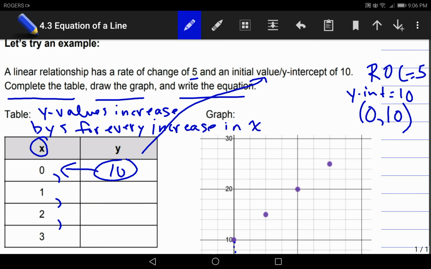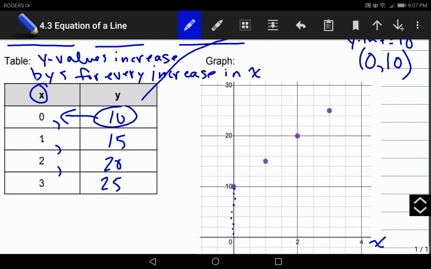So now it's simple. We're just going to count by 5s for the y's, and we'll have this table finished. So 15, 20, 25. So for every increase in x, so we go from 0 to 1 in x, we go 5 up for y. Then we go 1 to 2, we go 5 more in the y direction. Okay, and we've completed the table.